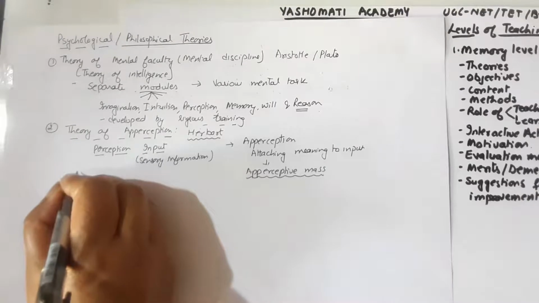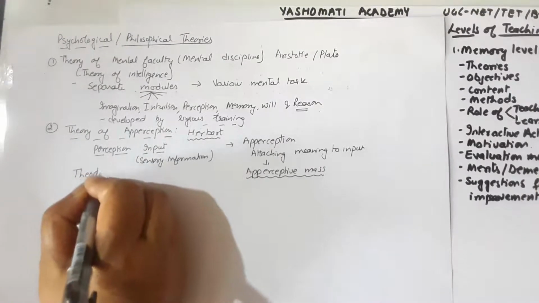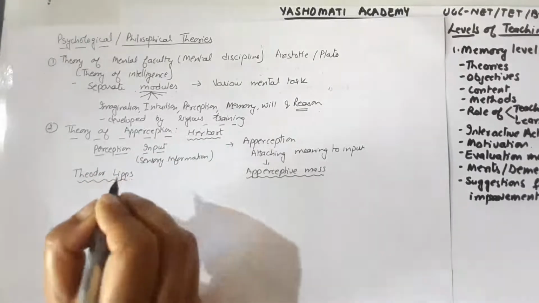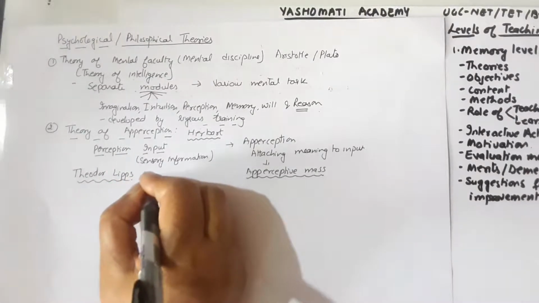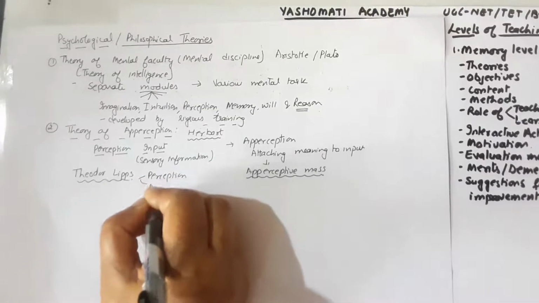There is another German philosopher, Theodor Lipps. He has further explained the difference between perception and apperception.